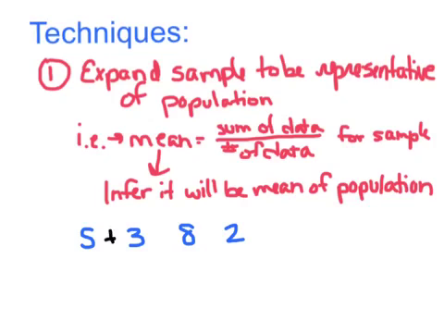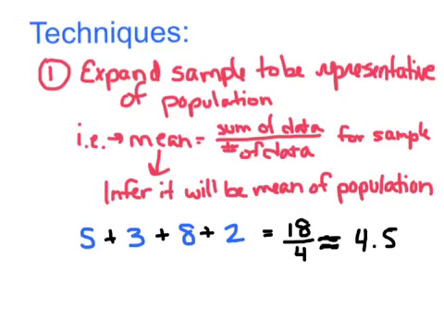I'm going to add those together, say 8, 16, 18. And then I'm going to divide by 4. So I'm going to get an average age being 4.5. Therefore, I'm going to say that the average age of a particular population would be 4.5.